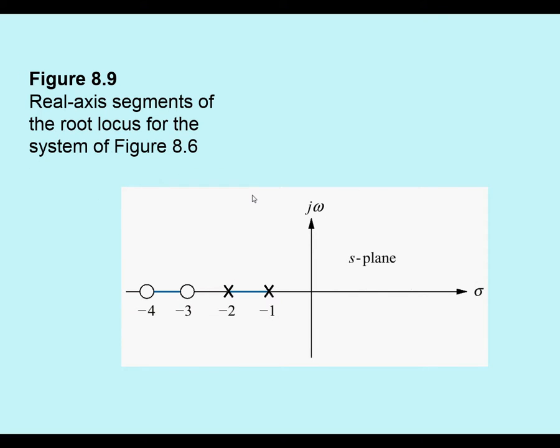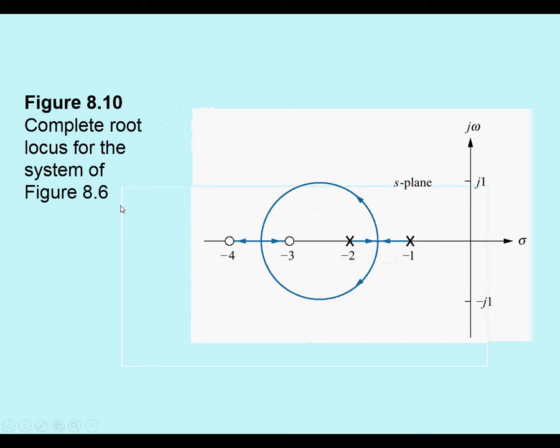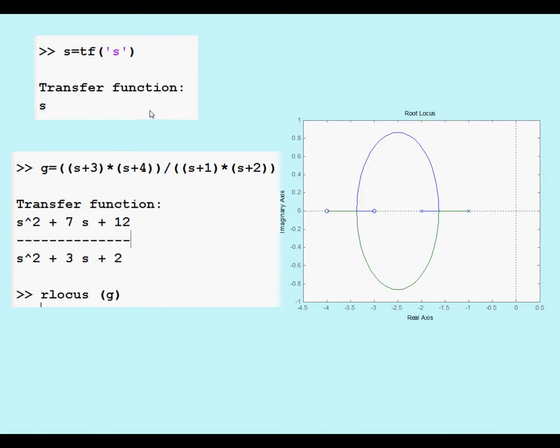Okay, let me show you an example. These are different locations for the poles and the zeros for different transfer functions. Let me show you one that I worked out. If you enter this into MATLAB, the first thing you do is define S as a transfer function type, and then you can enter G as S plus 3 times S plus 4 divided by S plus 1 times S plus 2.